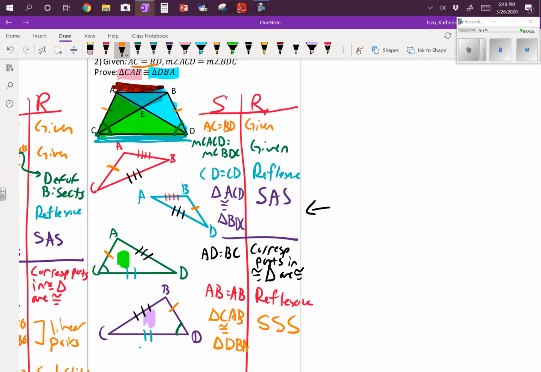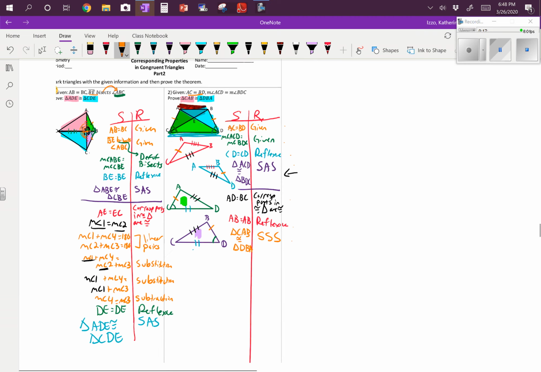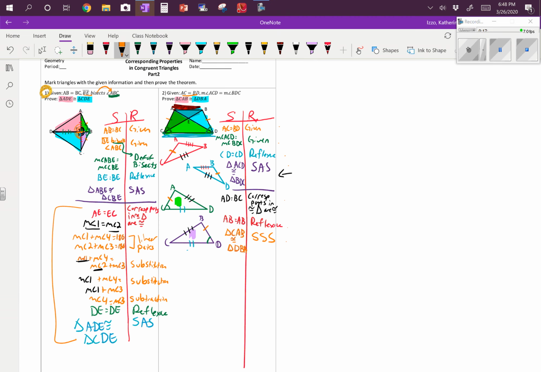Now notice that's 1, 2, 3, 4, 5, 6, 7 steps. It's only 7 steps. It's pretty much what this guy was after we had proven 2 triangles were congruent. These proofs can be small, but the small proofs are sometimes the worst proofs.